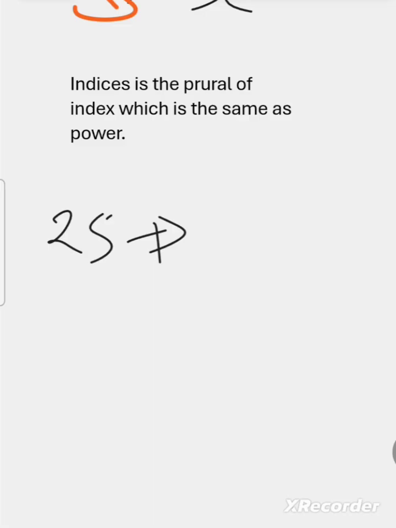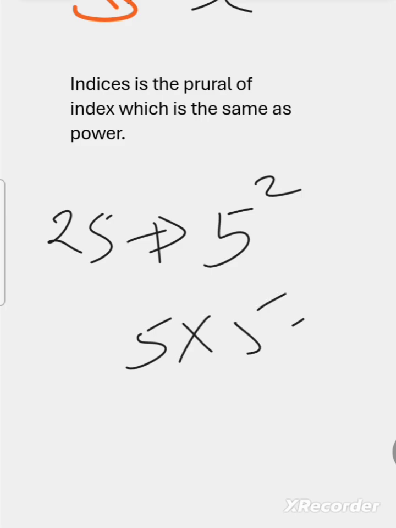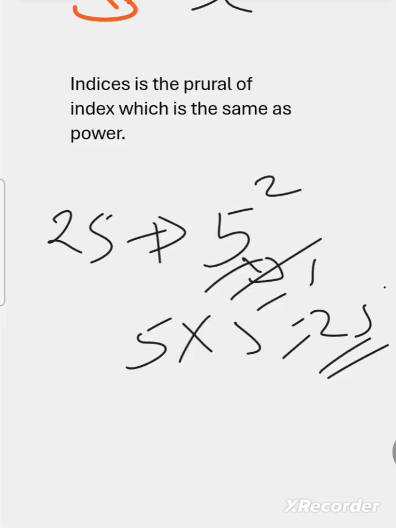This number is the same as 5 power 2, or 5 index 2. So 5 index 2 is the same as 5 times 5, which is 25. 5 becomes our base, and 2 is our index. So that's all about indices and expressing numbers in index form.